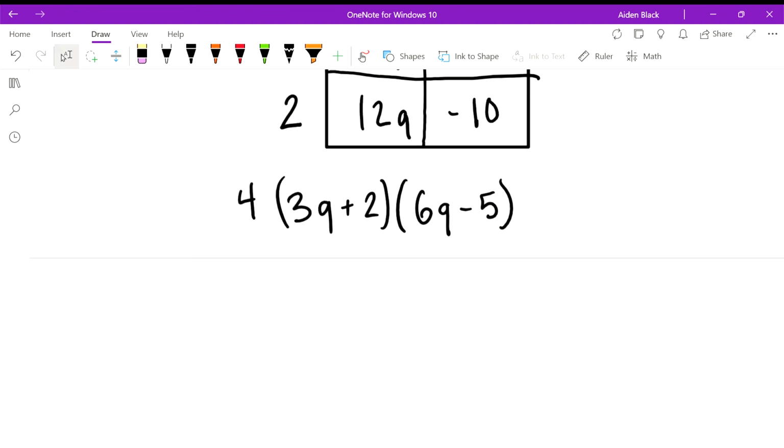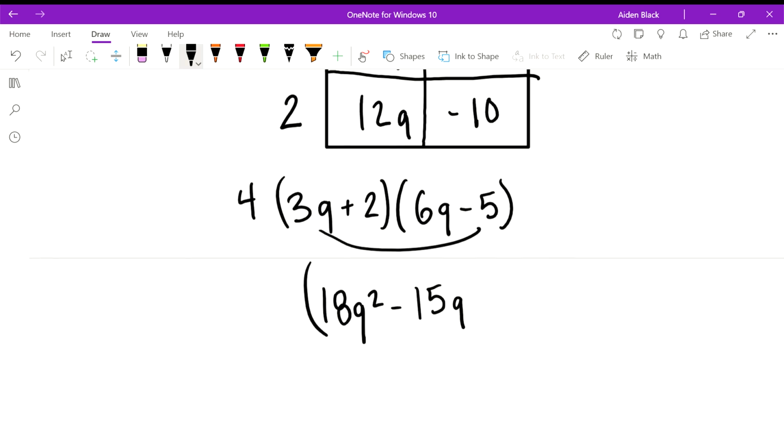Alright, so let us check it. We have 3q times 6q is 18q squared. 3q times negative 5 equals negative 15q. 2 times 6q is positive 12q.